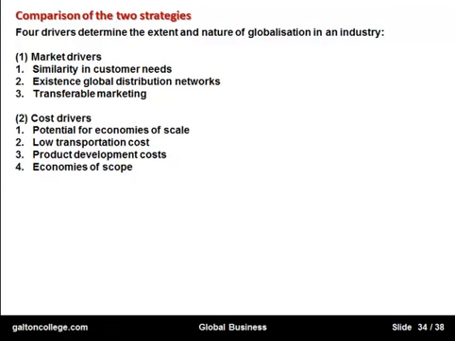There are also cost drivers. The potential for economies of scale, economies due to size. As companies get larger, average costs fall. The companies are able to get specialist machinery, buy raw materials cheaper, have specialist training programs for their workers. Economies of scale means an average falling cost.